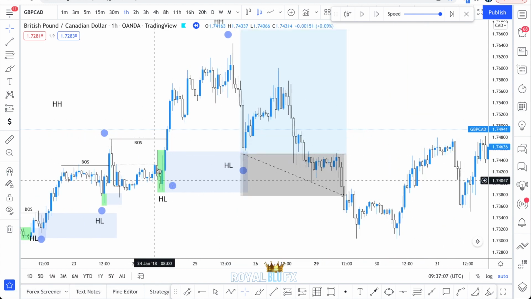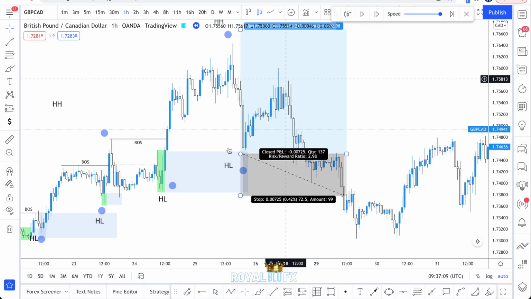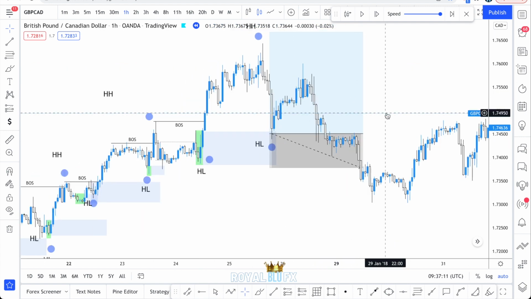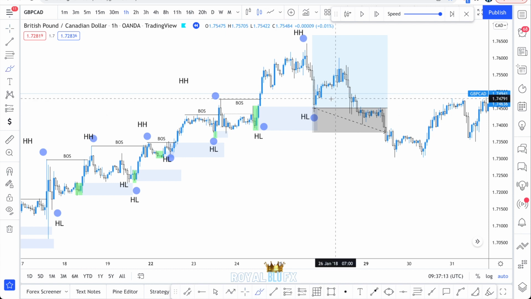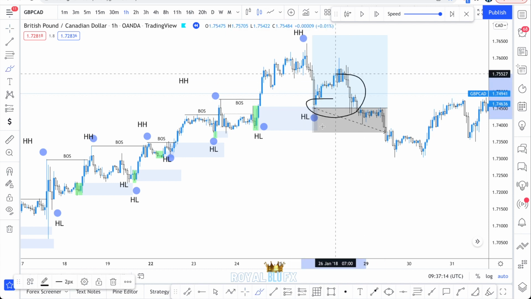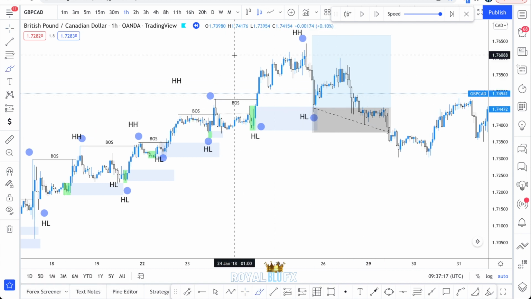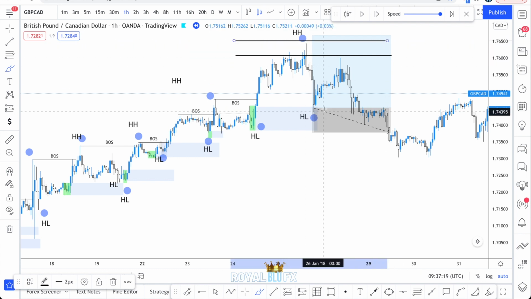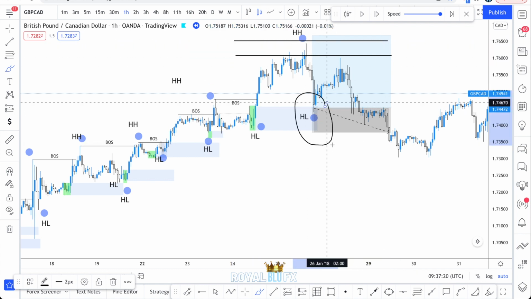Because not every break of structure is going to guarantee this entry to go up. I mean, there's a reason as to why the markets do this, which we'll talk about in another video, and how you can spot the reversals before they start reversing like this, okay?